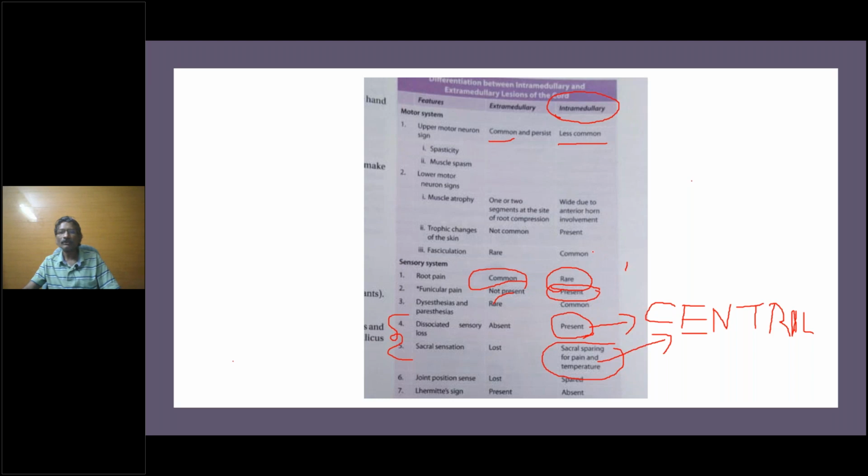So here if you look at lower motor neuron lesion, muscle atrophy, they tell it is wide. So as I told you, an intramedullary lesion, assuming it is central, reaches the anterior horn cell quickly. It does not reach the pyramidal tract that quickly.